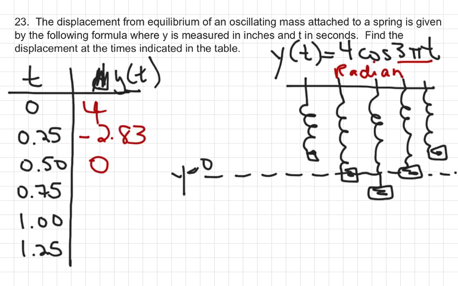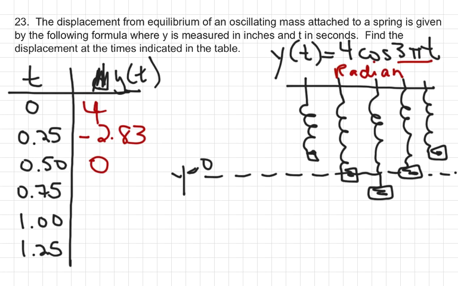That means it's back at equilibrium. Time 0 is if I were to pull the mass and stretch it below equilibrium, so we're at 4. And then at 0.25 we're above that equilibrium line. At 0.50 we're at the equilibrium line.